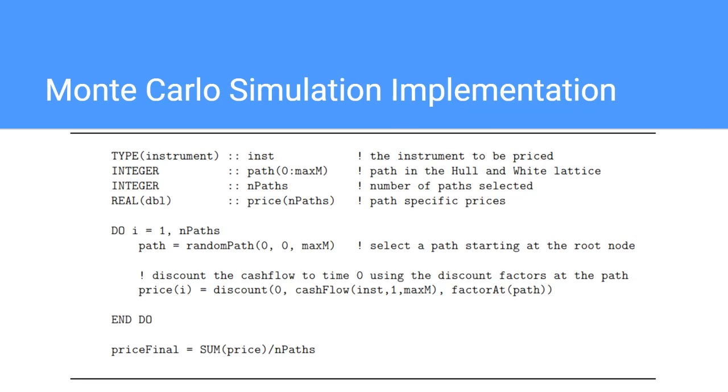I will equal 1, and then you have the selected paths that it has followed. Then path will equal a random path, so you select the path starting at the root node. Then discount the cash flow to time using the discount factors along the path. So you calculate the price of that node, where you consider its cash flow and all the factors that take place along the path.